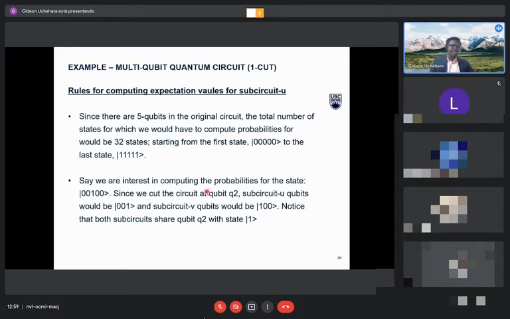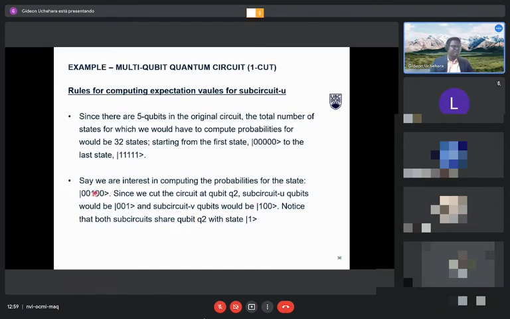Let's say we are interested in computing the probability for this state, the 00100 state. Recall that we had made a cut on qubit 2. So here we have qubit 0, qubit 1, qubit 2. We made a cut on this qubit where the state is 1.